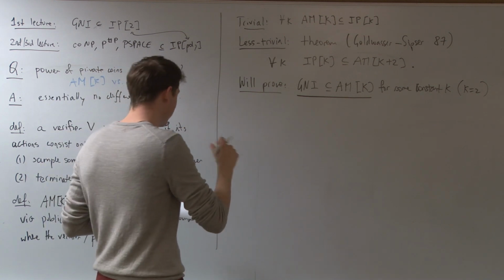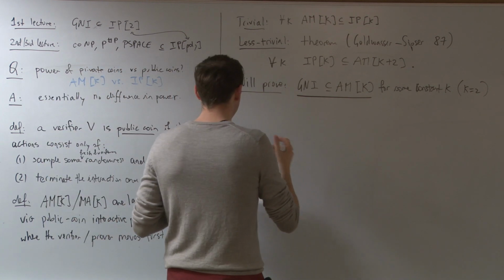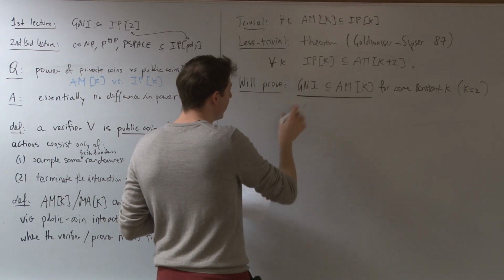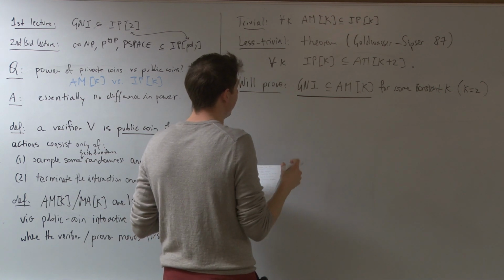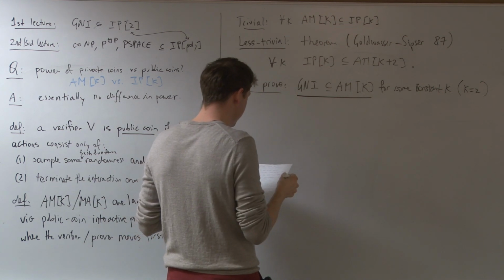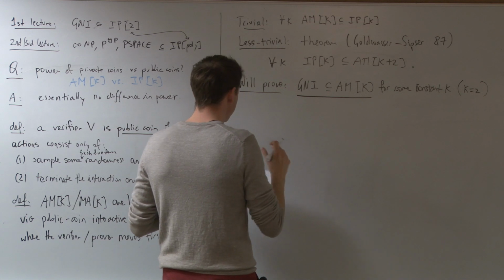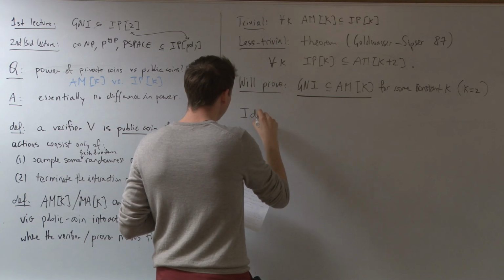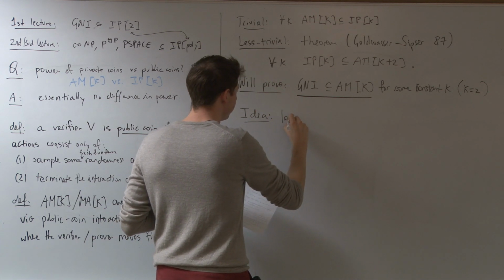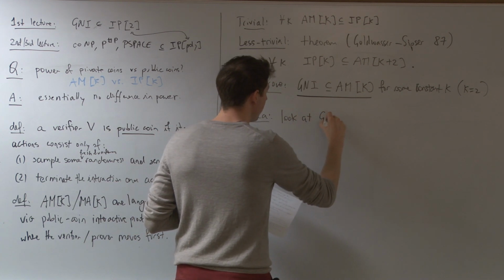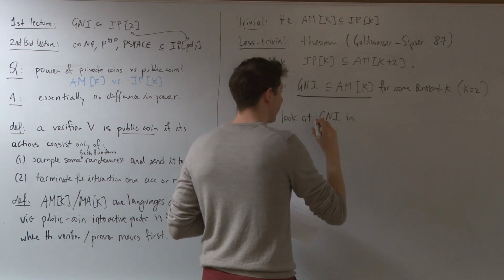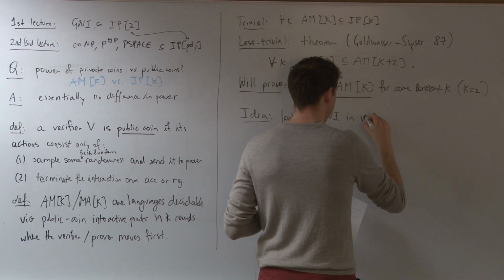So let's just jump into it. Obviously, you need to think about GNI in a very different way than we have so far. Otherwise, we keep getting stuck by this notion of private coins. So the idea is to look at GNI in a very quantitative way.